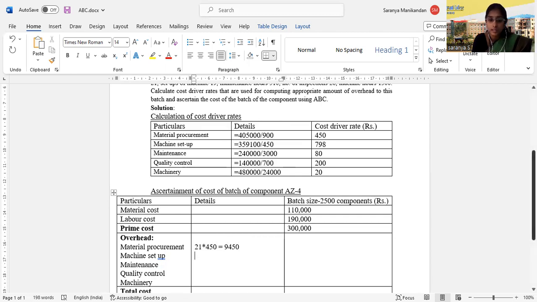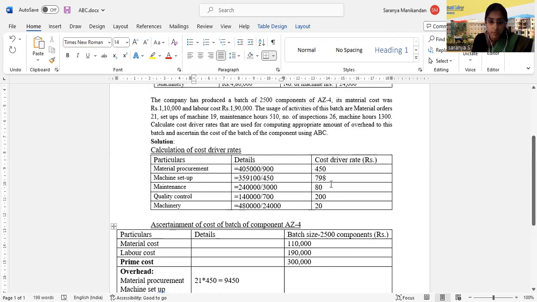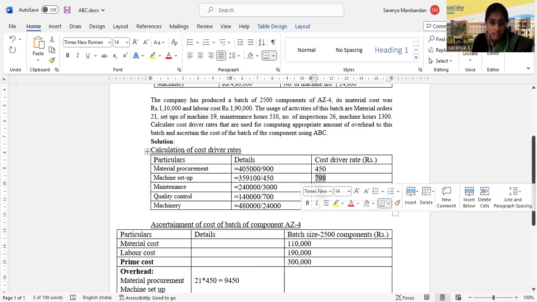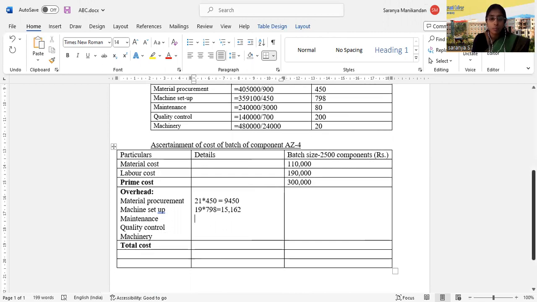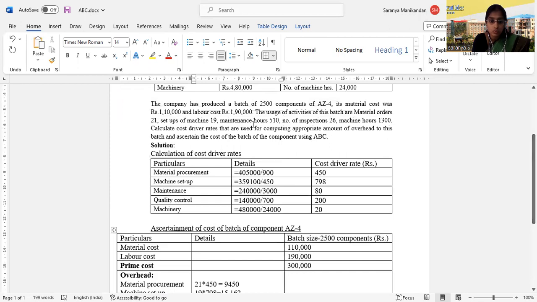Then the next one, machinery setup. Setup of machine is given as 19. So 19 into the cost driver rate of setup, 798, we will get 15,152.